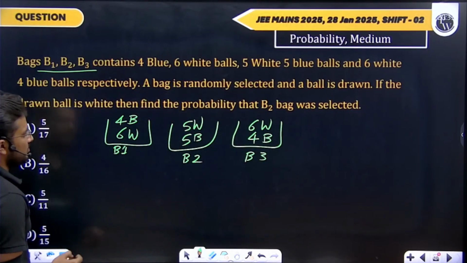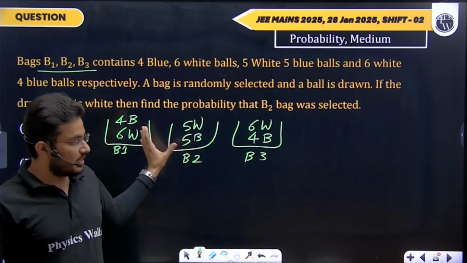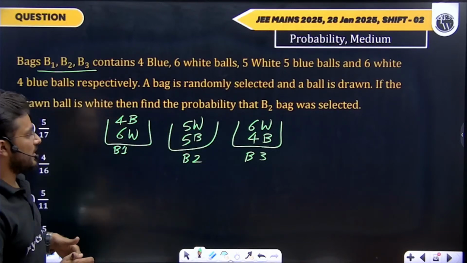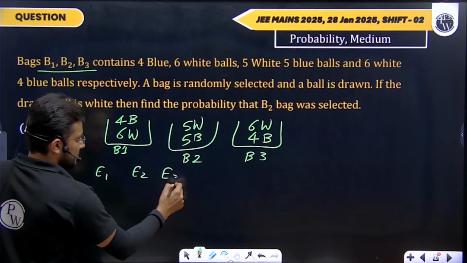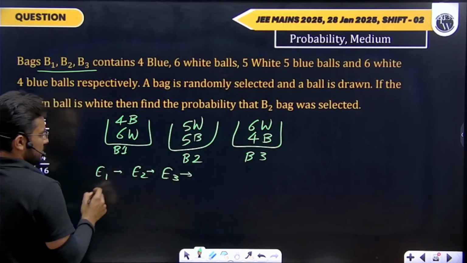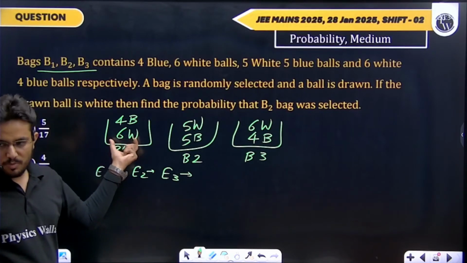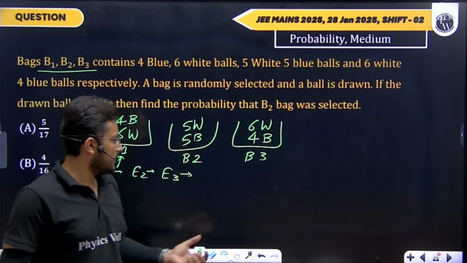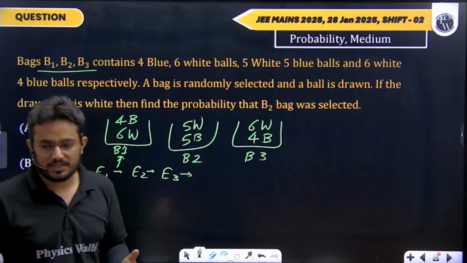In Bayes theorem, what do we have to choose? We have to choose first one of the bags randomly. Then we select the ball from the bag. So E1, E2 and E3 are the 3 events where E1 is the event where the ball is selected from bag 1, E2 is the event where the ball is selected from bag 2, and E3 is the event where the ball is selected from bag 3.